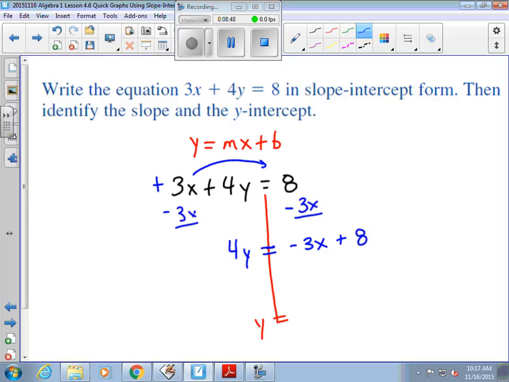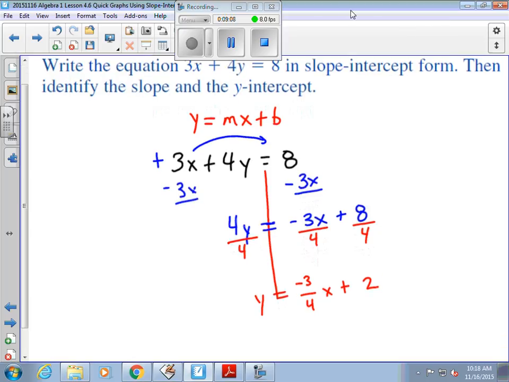In order to isolate y, we need to divide by 4 to get y by itself. Remember, when you divide one side, you divide everything on the other side by 4. Negative 3 divided by 4 will simply be left as negative 3/4 x. And 8 divided by 4 will be positive 2. Now it is in y is equal to mx plus b form.